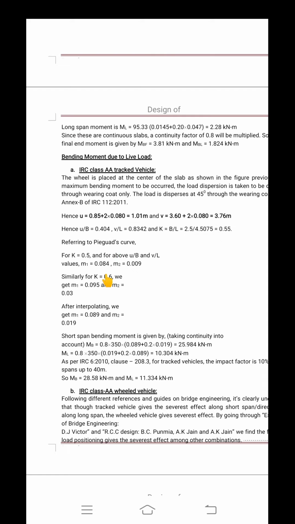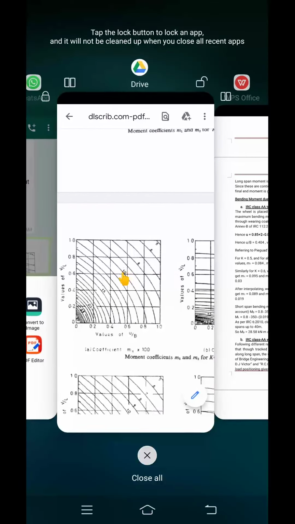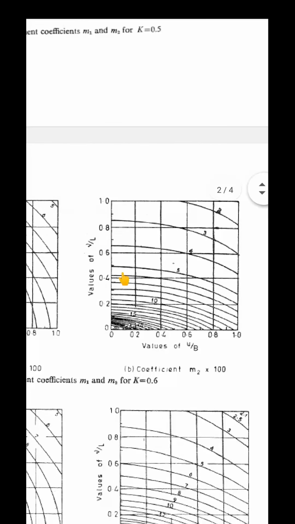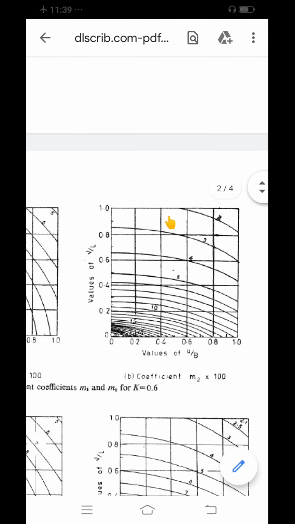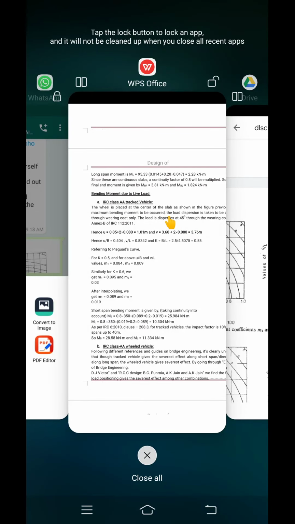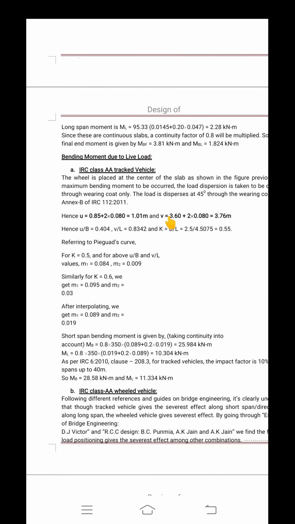So 9.5 is taken, so 9.5 divided by 100 is 0.095 for M1. For M2, somewhere on the line of 2 or 3, so they have taken directly 3. So 3 divided by 100 is 0.03.